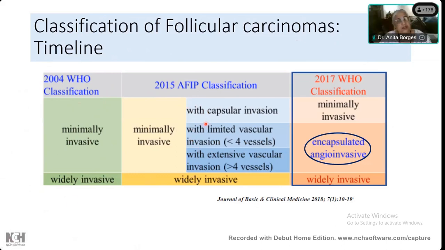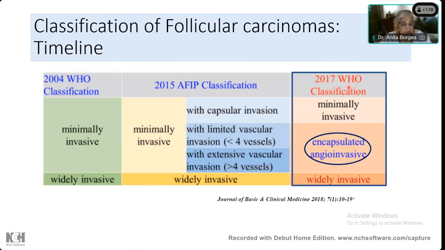When it did have a capsule, they had three different ways of classifying it. One, which was the most innocuous, is with capsular invasion. Then there were those with limited vascular invasion, according to Hussein, and that was less than 4 vessels, and extensive vascular invasion that was 4 or greater than 4.